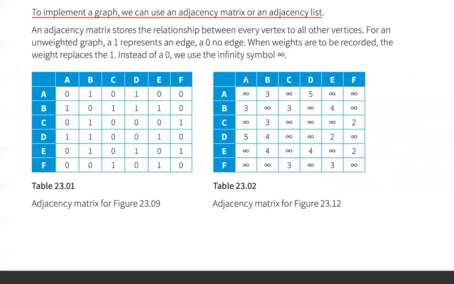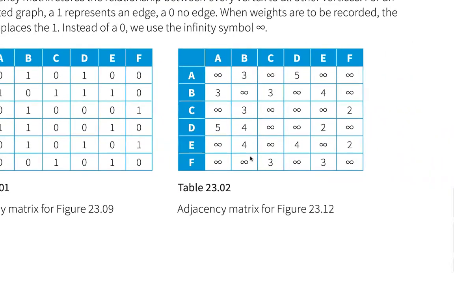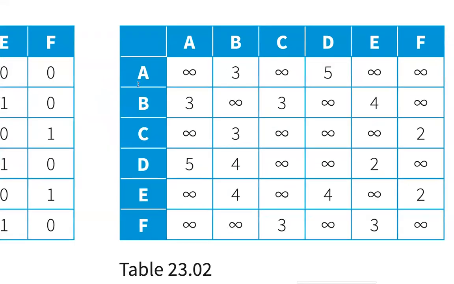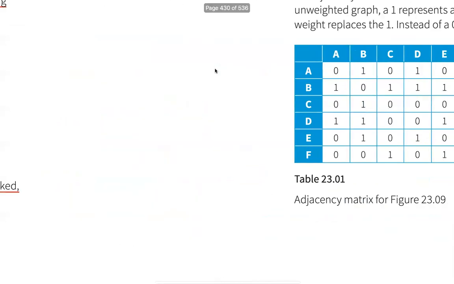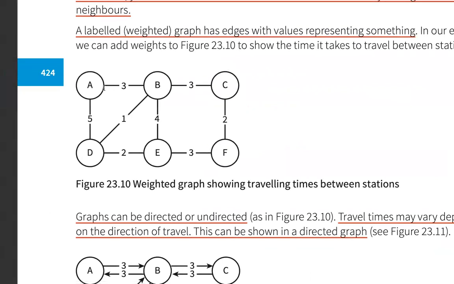Okay, this is another adjacency matrix, and this one shows something else. It only represents the cost values. As you can see here, there is a direct path between A and B. And in this labeled diagram, this weighted graph, there is a direct path between A and B, and the cost of traveling from A to B is 3 kilometers, minutes, whatever it is.